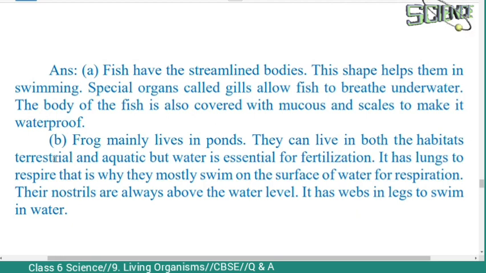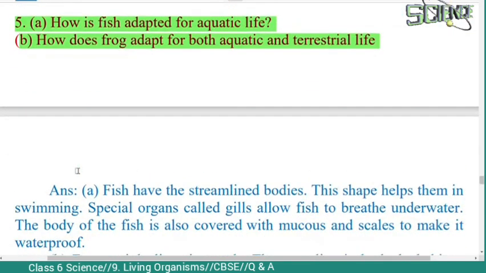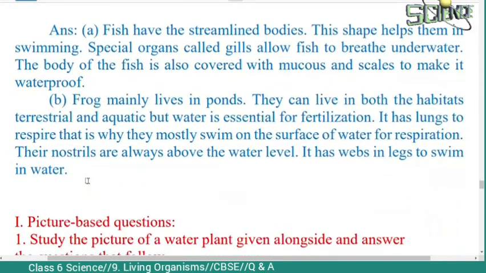It has webs in legs to swim in water. So fish is adapted for aquatic life, whereas frog is adapted for aquatic and terrestrial life.